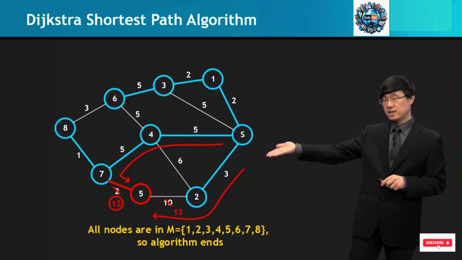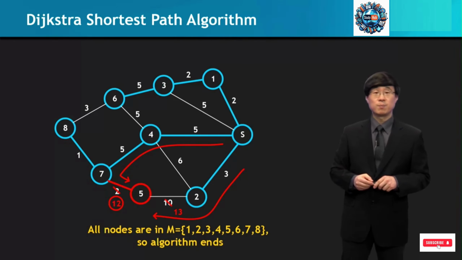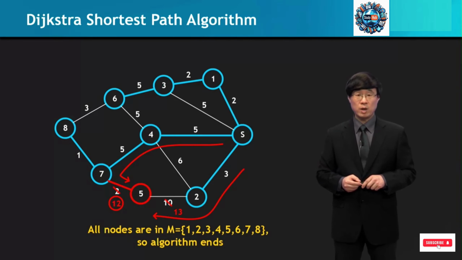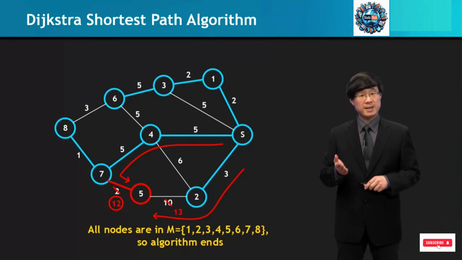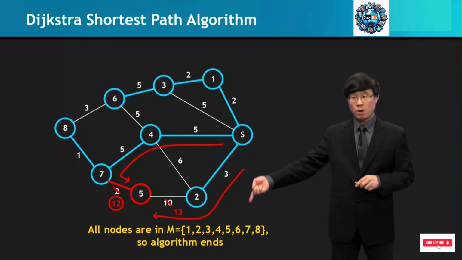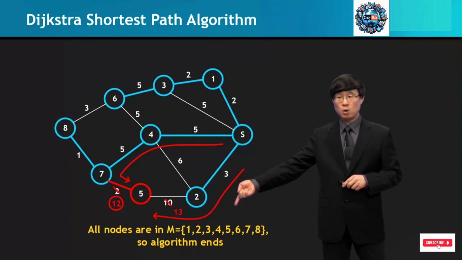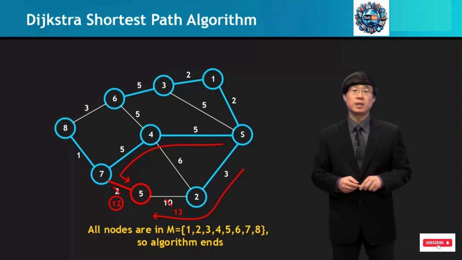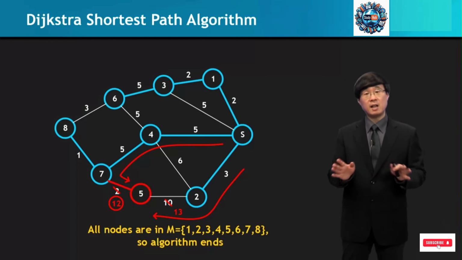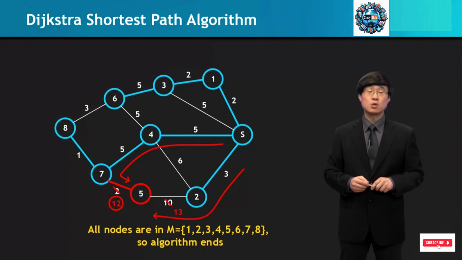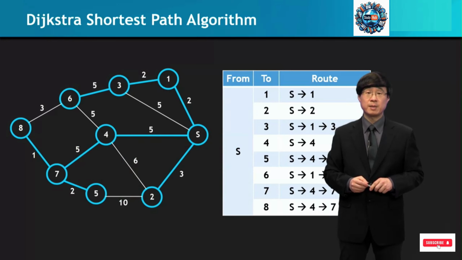Among the options that connect to node 5, the route through node number 7 is the least cost one, which has a cost value of 12, and therefore that is added on to the shortest path tree. And by that being added on, now all the nodes, including node number 5, are included in set M, and the algorithm is able to stop, and the shortest path tree is established.